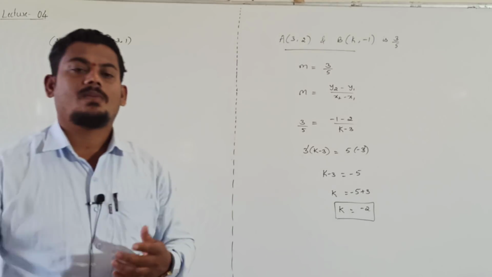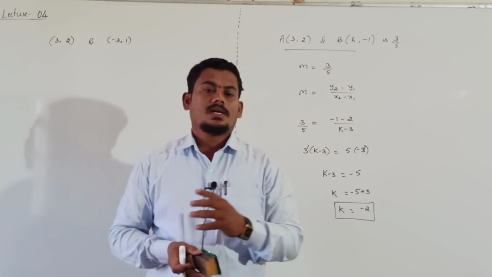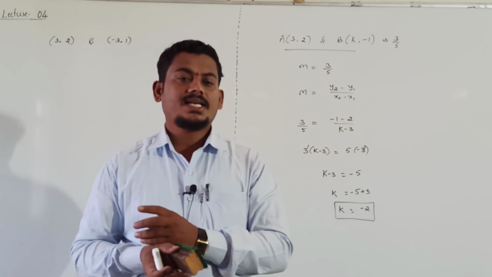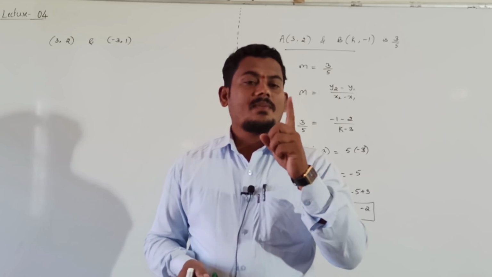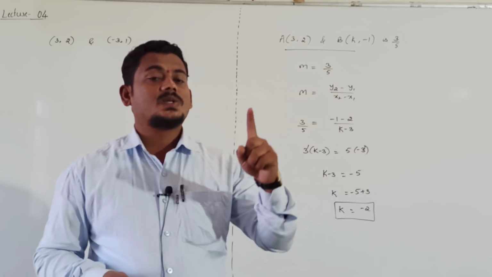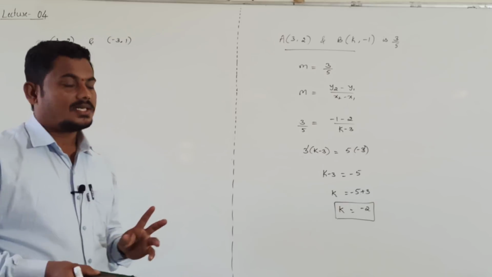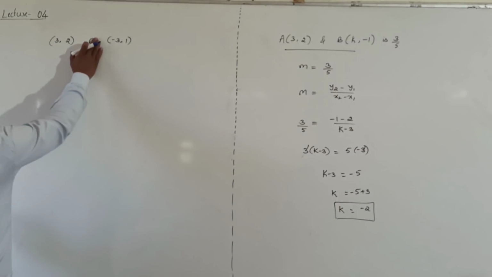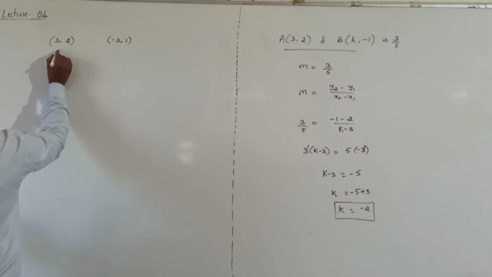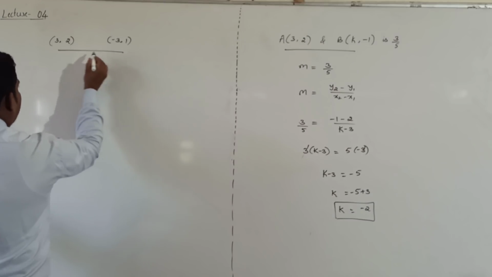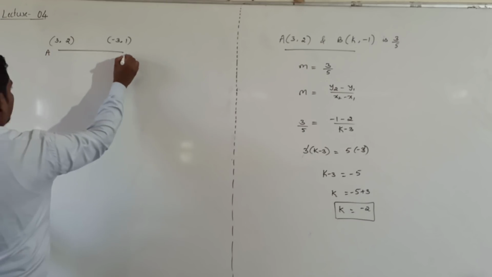Let's understand the problem. Let's understand the question, right? Find the slope of a line perpendicular to the line joining these 2 points. Suppose this is one of the lines, I will take it as line AB.